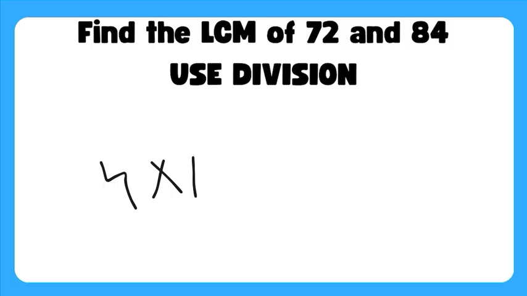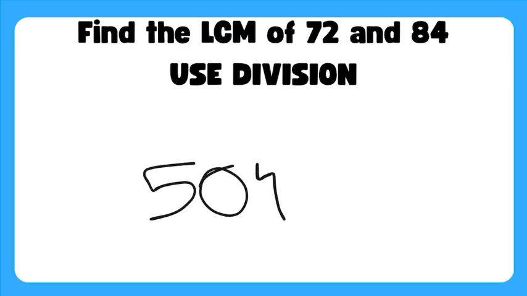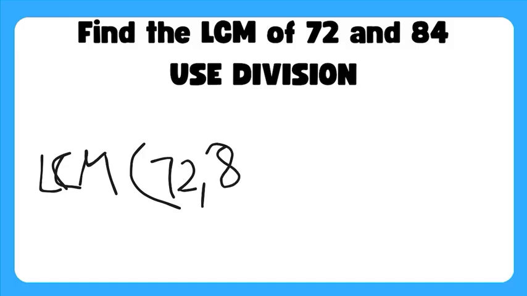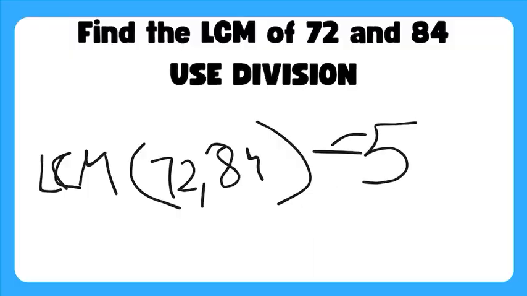Let me just check that again. 3 times 42, no, it will give us 126. And now 4 times this will give us 504. So the LCM of 72 and 84 is just equal to 504. This is the division method.